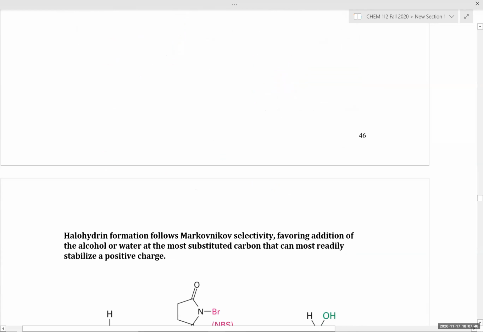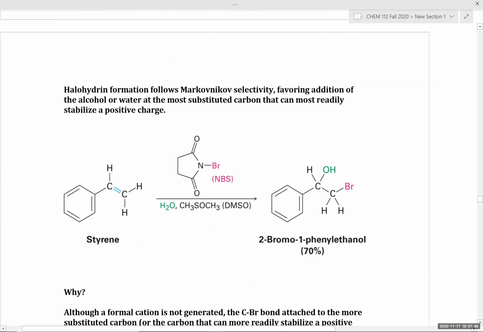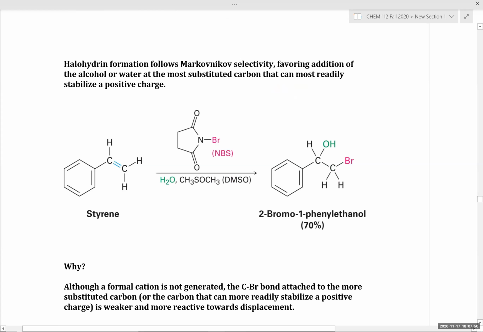Okay, so one thing to note is that halohydrin formation follows Markovnikov selectivity, favoring addition of the alcohol or water at the most substituted carbon that can most readily stabilize a positive charge. So in this case, we have the choice between a primary position and a secondary benzylic position.